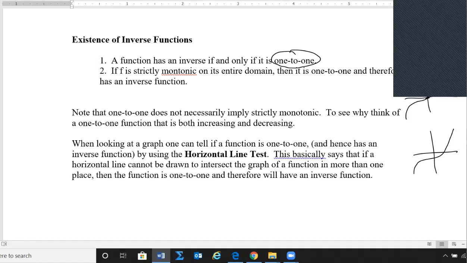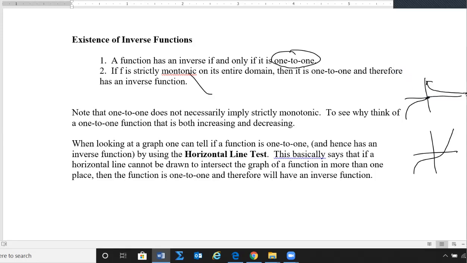Now, how can we tell if it's 1-to-1? Well, if it's strictly monotonic, then it's 1-to-1. Now strictly monotonic means, graphically, you can see it. Strictly monotonic means it's always either non-increasing or non-decreasing. Okay, so it's always one or the other.